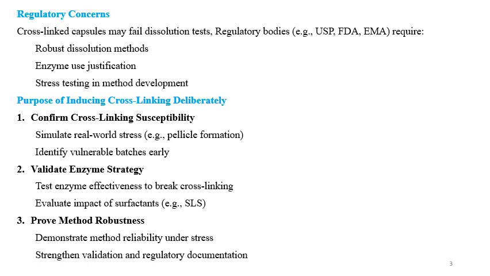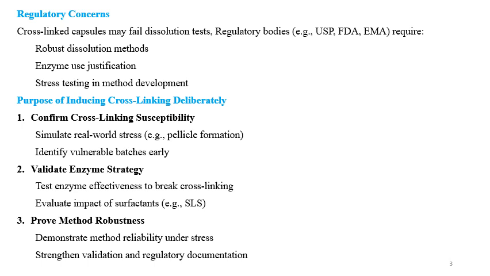Now, how can you induce the cross-linking or the pellicle formation? First is to confirm the cross-linking susceptibility. Second is to validate the enzyme strategy, enzyme use in the dissolution media, and then prove the method robustness. Then we need to validate and use that method.